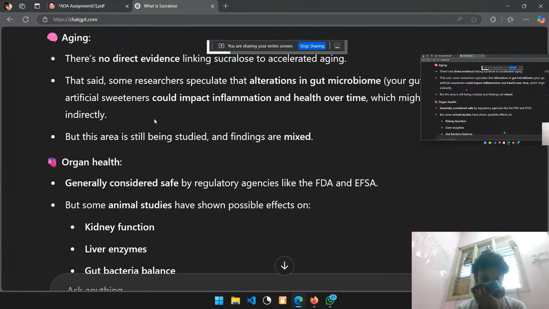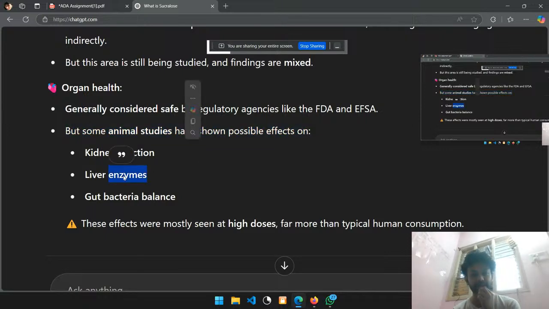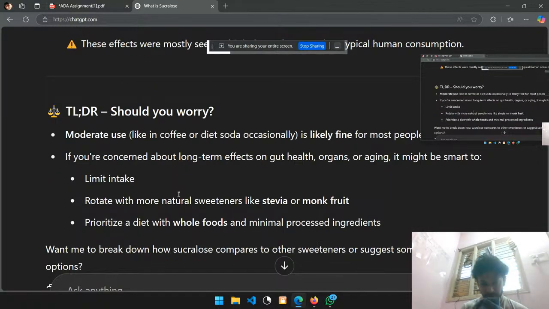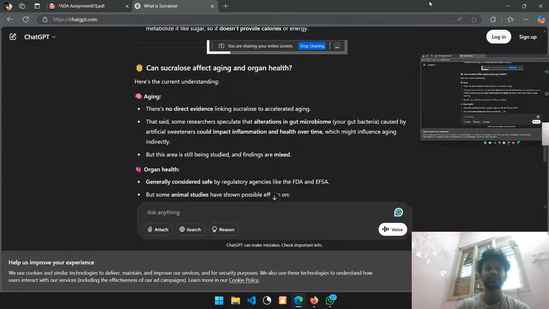Generally not directly, but some animal studies have shown possible effects on kidney function, liver enzymes, and bacterial imbalance.